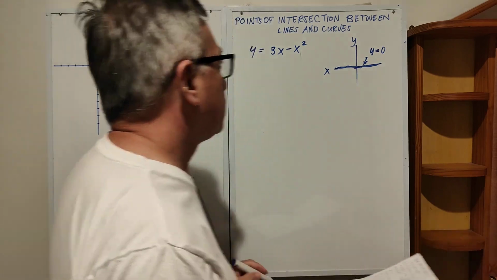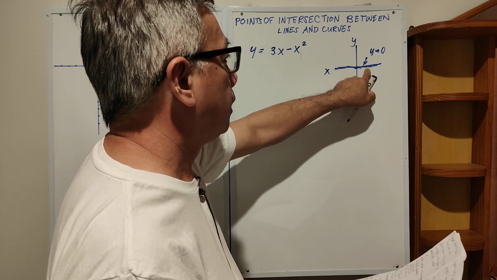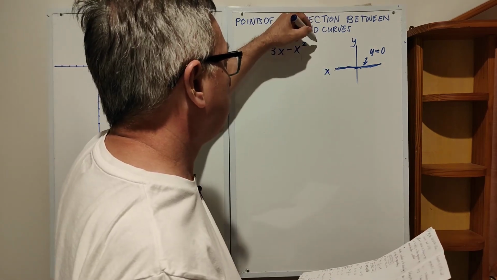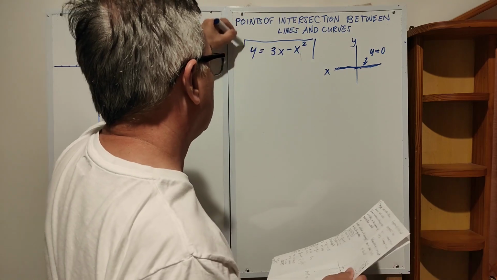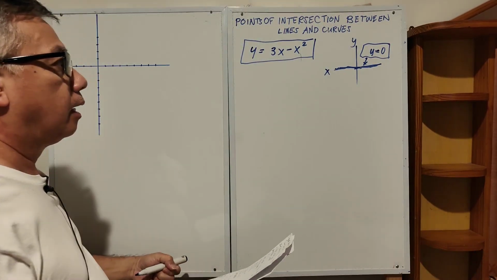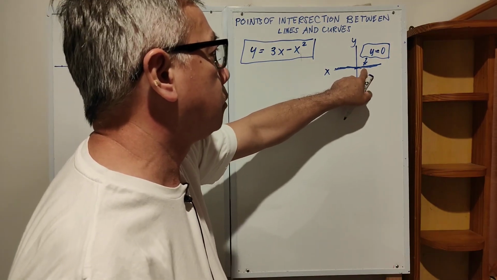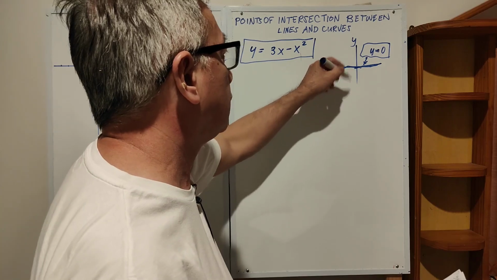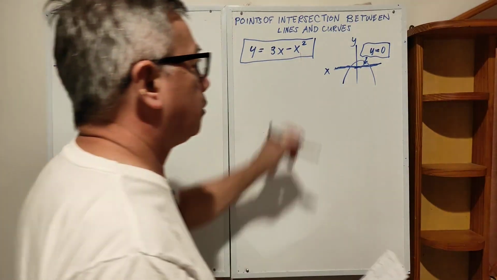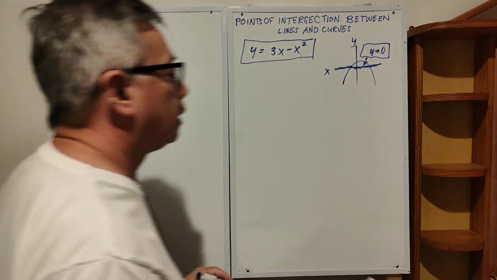So if you want to get the point of intersection, you'll be solving this first equation and this second equation, to get the point of intersection between this line and the curve.